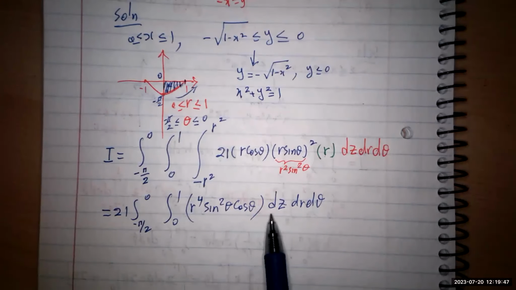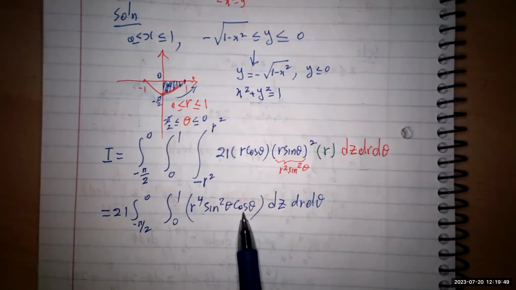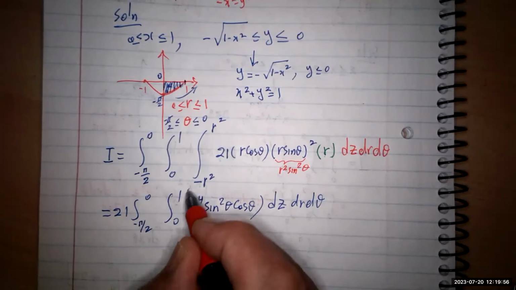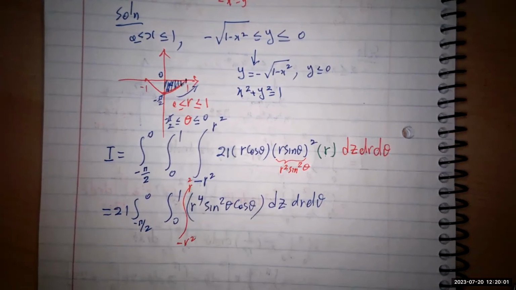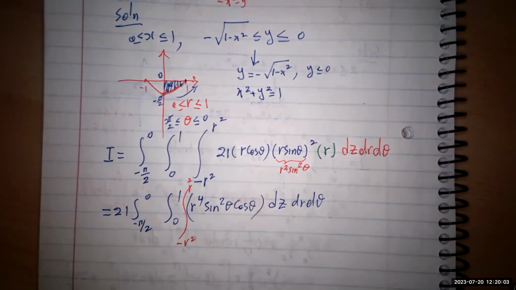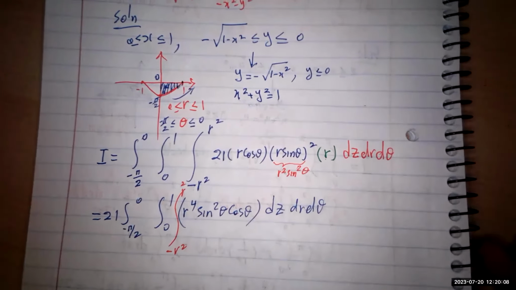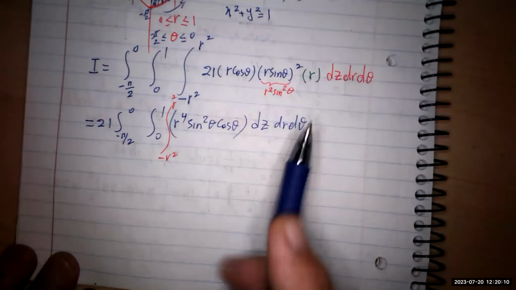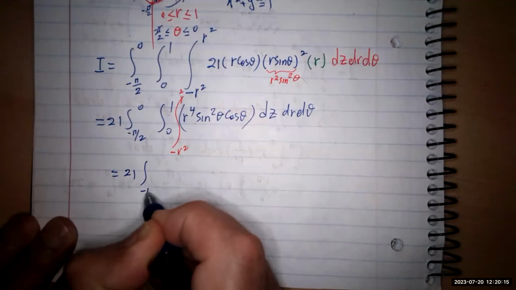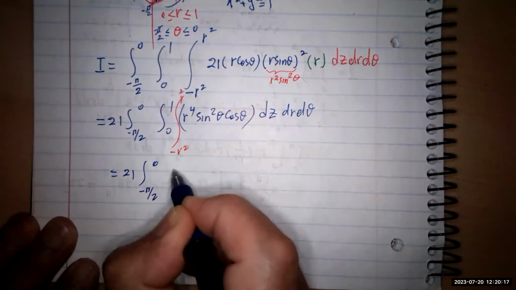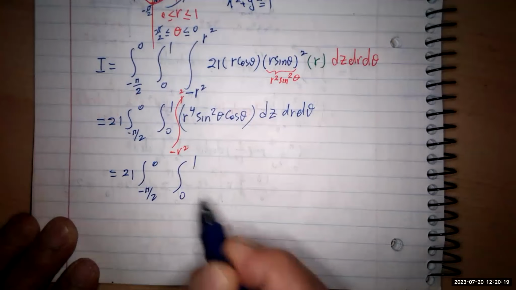Integrating with respect to the z would be easy. Just put one z here. Oh, I'm sorry, I haven't done the z yet, so it's going to be the triple integral, from negative r squared to r squared. Okay, 1, 2, 3. I just simplify the middle one. Now we continue to integrate with respect to the z. With respect to the z, there's going to be just an extra z here. Everything else would be the same. 21, negative pi half to 0, then 0 to 1.